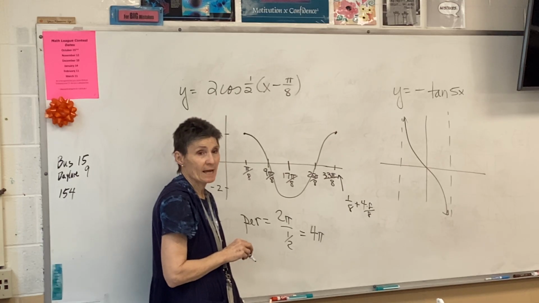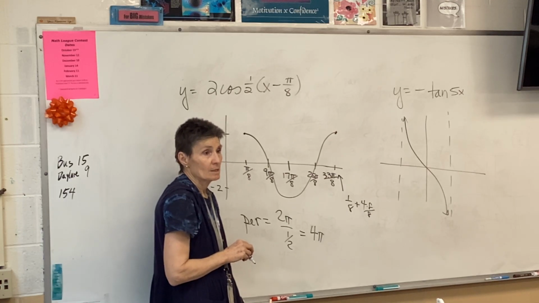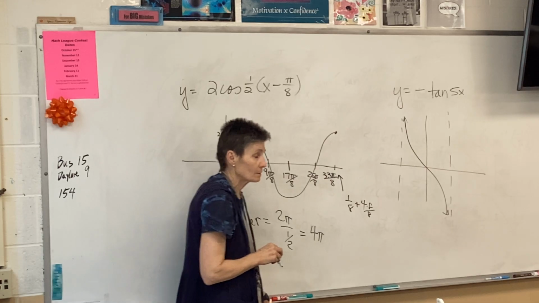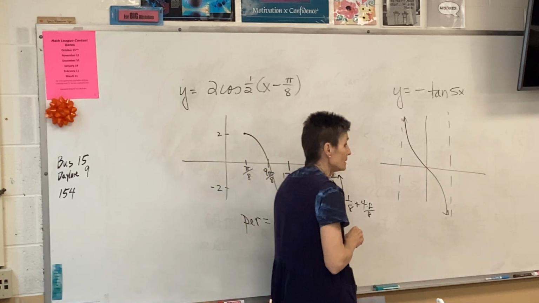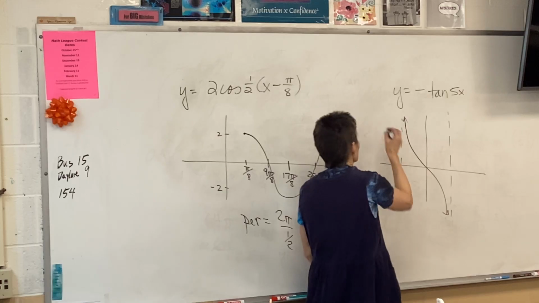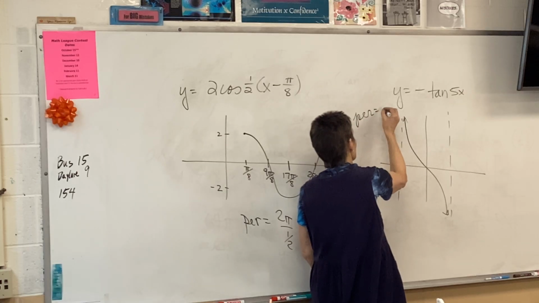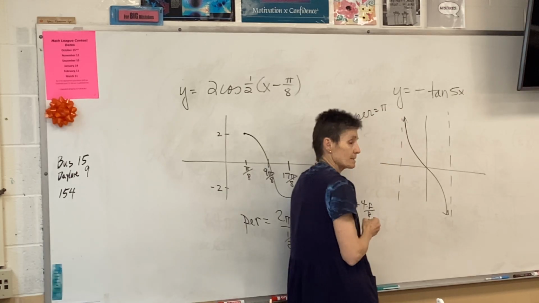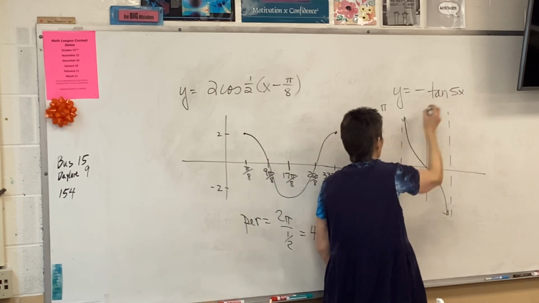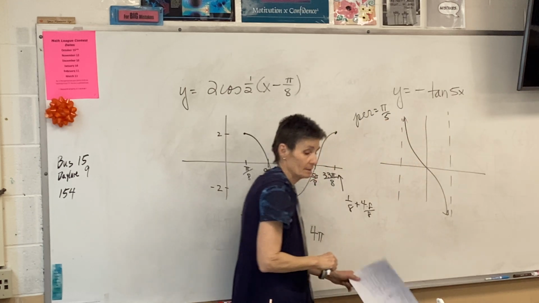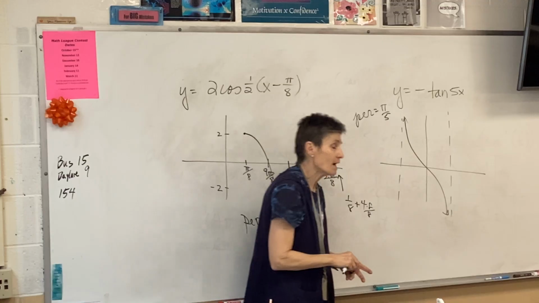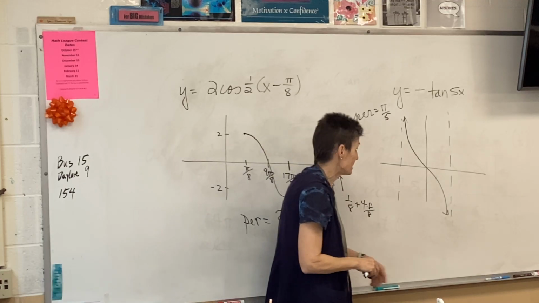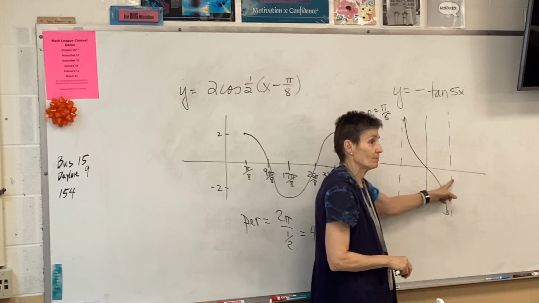Now, I need to figure out where the asymptotes are. So I remember that the period is supposed to be pi. But this time, I've divided it by 5. Now, that does not mean that that's pi over 5.